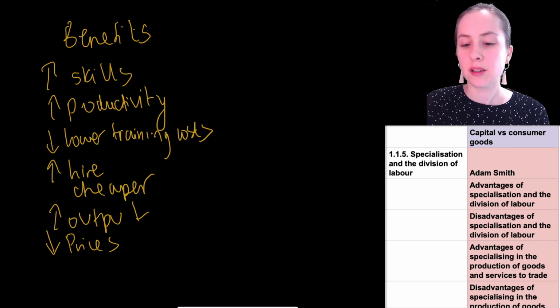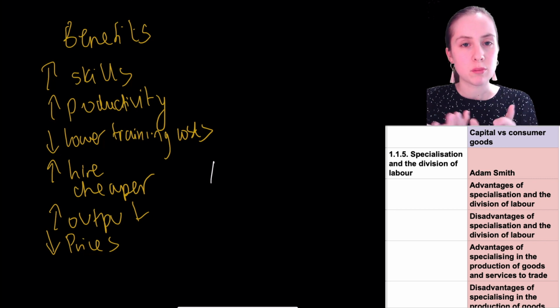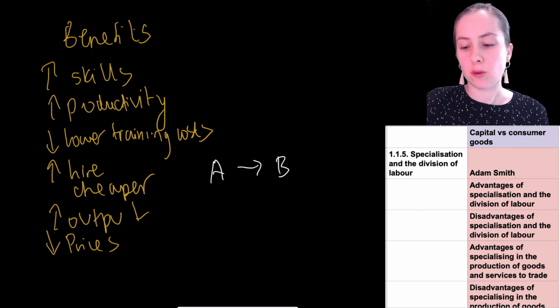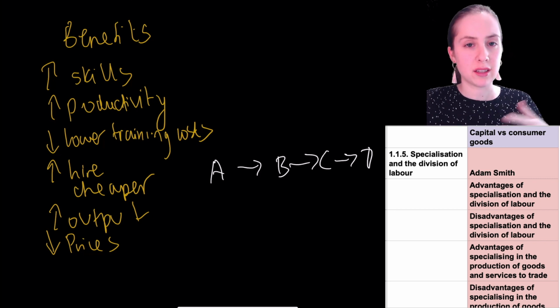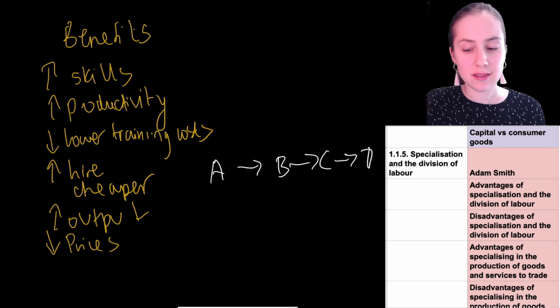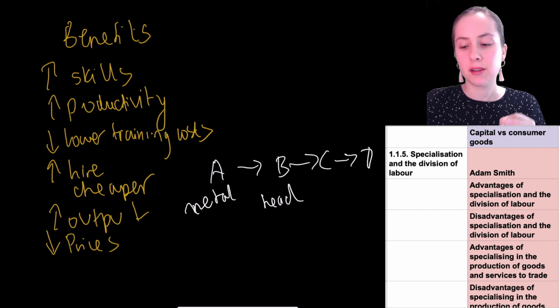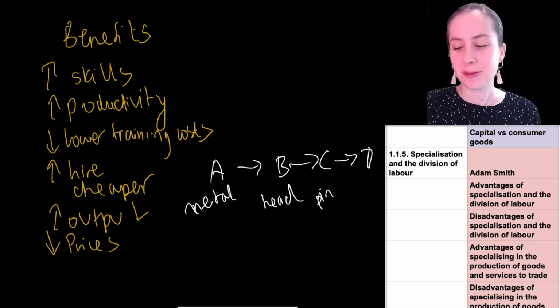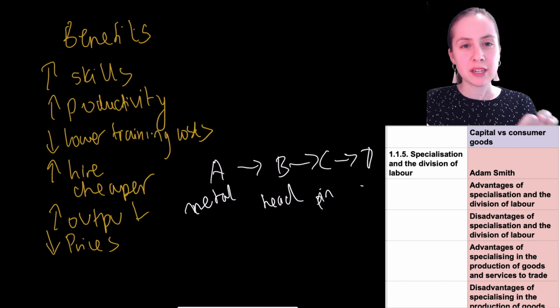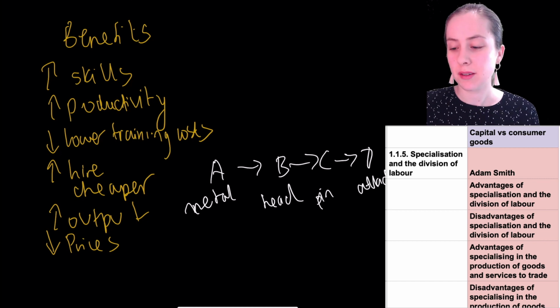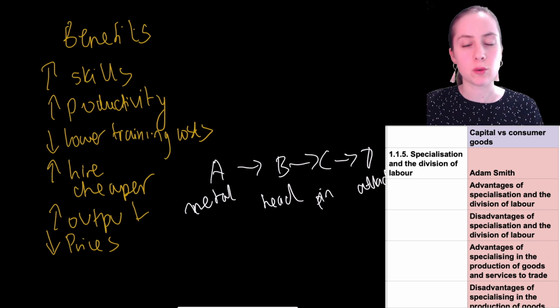If, in addition, workers are in a production process, so worker A builds something that worker B needs, and worker C and worker D need. So let's say somebody crafts the metal, somebody builds the head of the nail, somebody builds the, not sure what that's called, let's go with the pin of the nail, and attaches them together before maybe quality checking them.